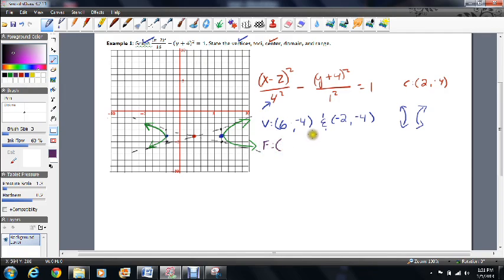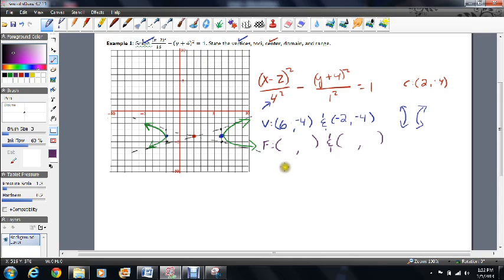Just like before, there are going to be 2 focus points. We're going to get these focus points by doing something very similar to before: we get the C value using the Pythagorean theorem with A and B, and then we count that from the center in both the right and the left direction.